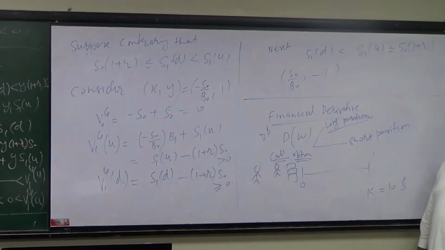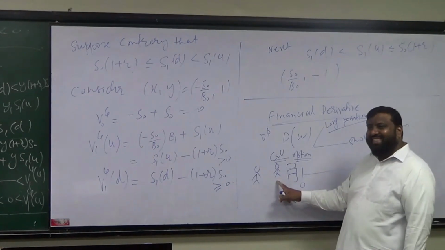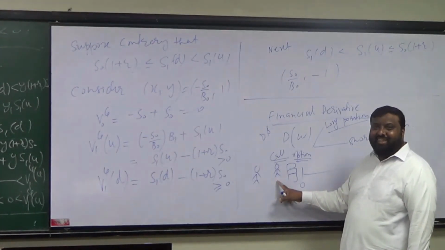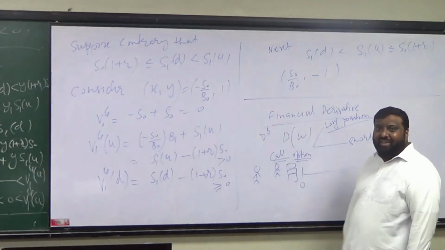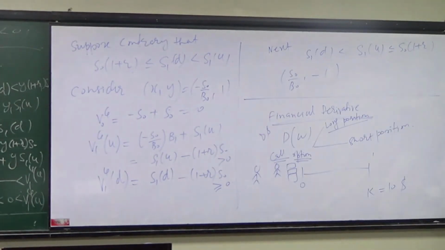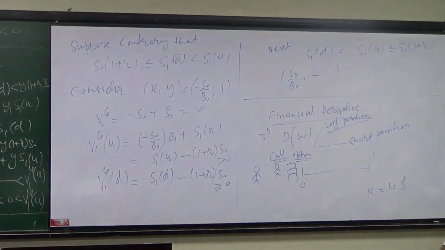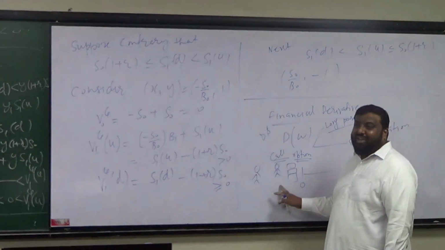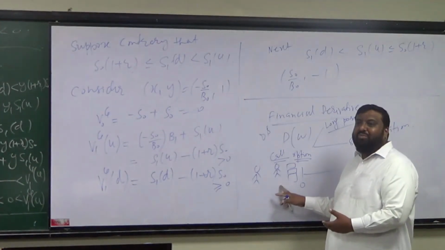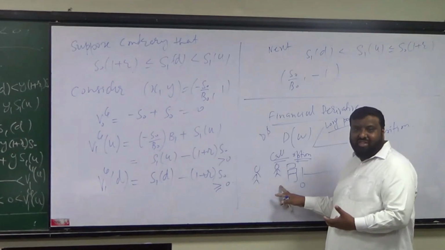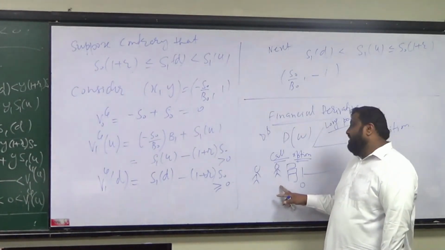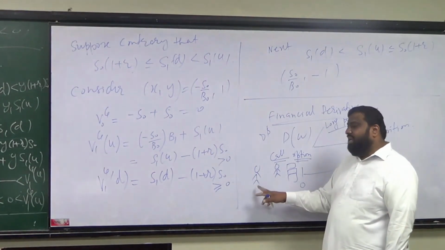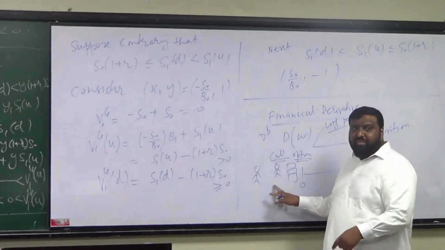But he's a clever guy. He's not going to do something which can put him in trouble. The question is, there is no free lunch. Look at why he should expose himself to this kind of risk. The answer is that he is going to charge some money from this guy as a premium at time 0.